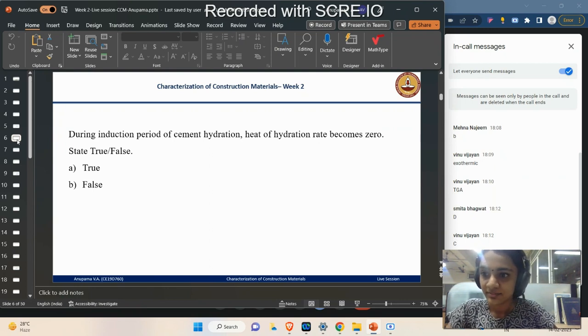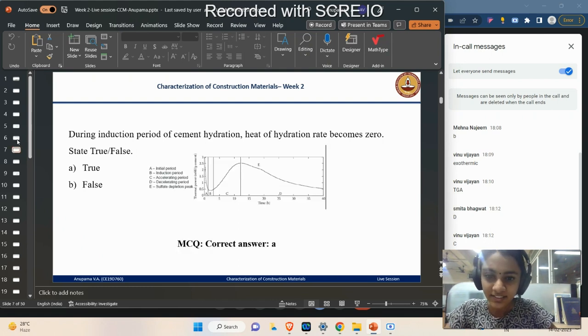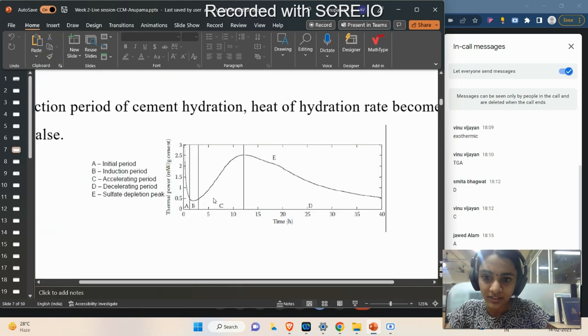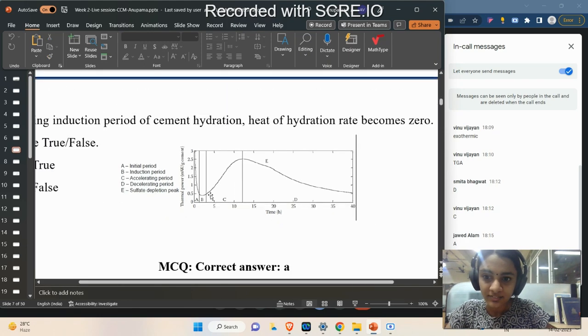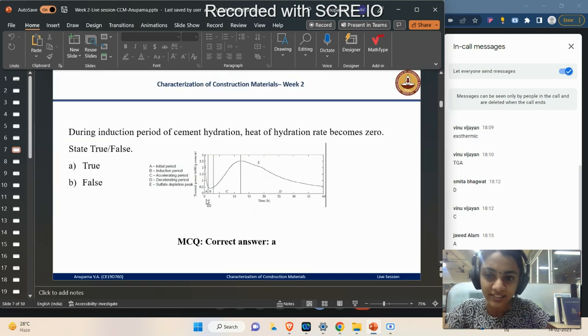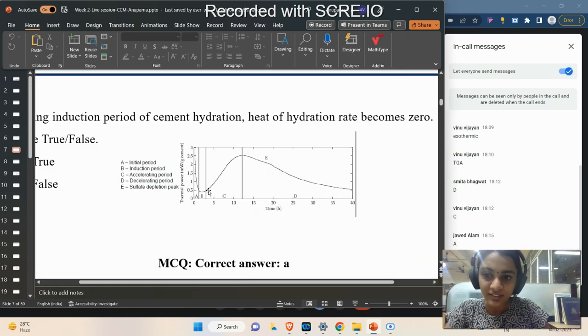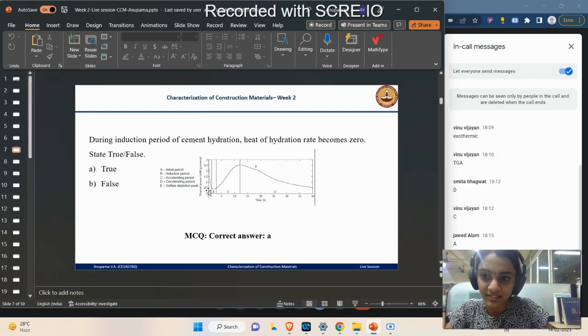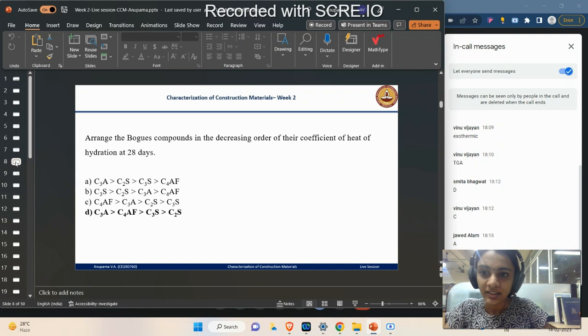Okay, let's move to the answer now. The correct answer is true. As you can see here, there is no heat rate in the case of an induction period. So the correct answer is true. Okay, let's move to the next question. I think this is more interesting. Yes, thank you, Javed. Let's move to the next question.